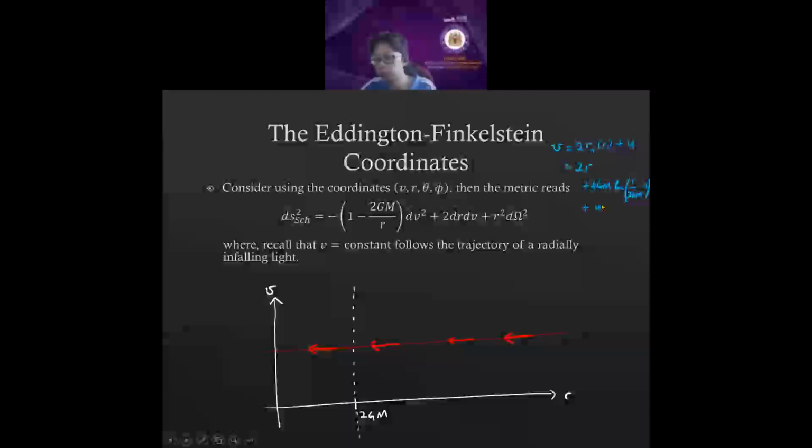So if u equals 0, the path of that line is given by v equals 2r plus just this part. If u equals 10, then it's going to be v equals 2r plus this part plus 10. If you then try to plot the graph, you would find this.